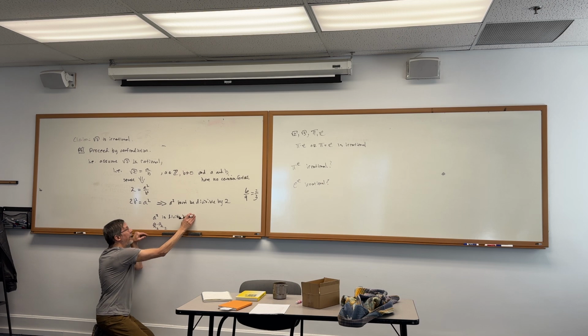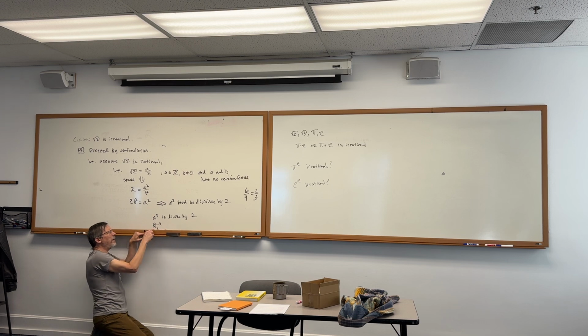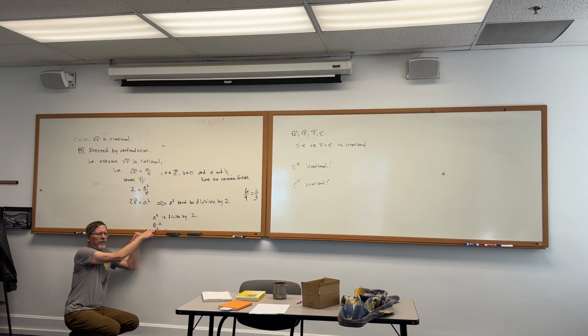But as soon as I come down to a squared is divisible by 2, if it's divisible by 2, both of them must be divisible by 2. So I can't just have one of these divisible by 2 and the other one not. And that's because 2 is a prime number.